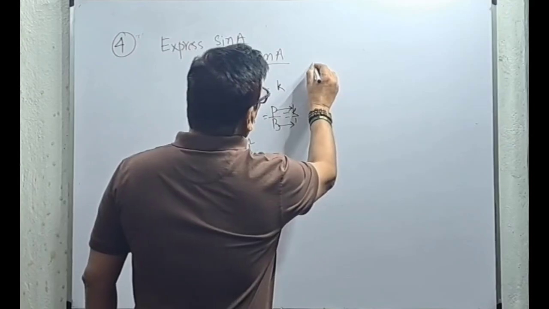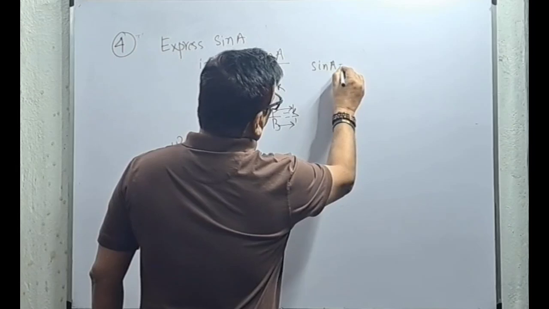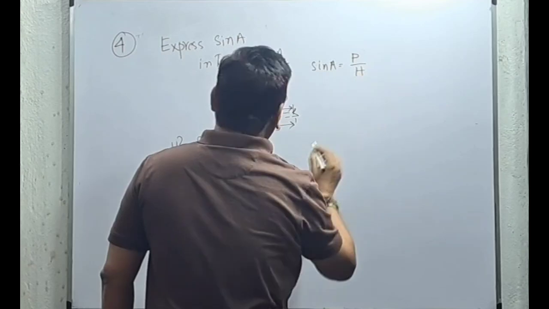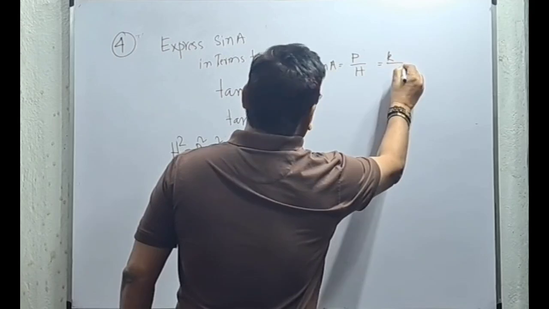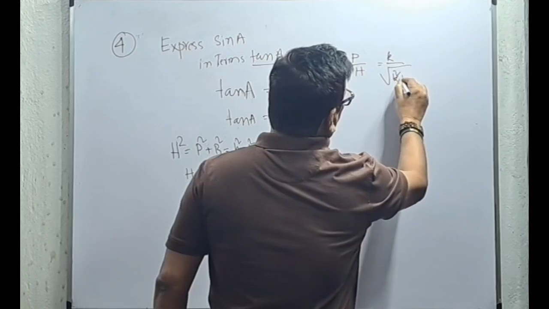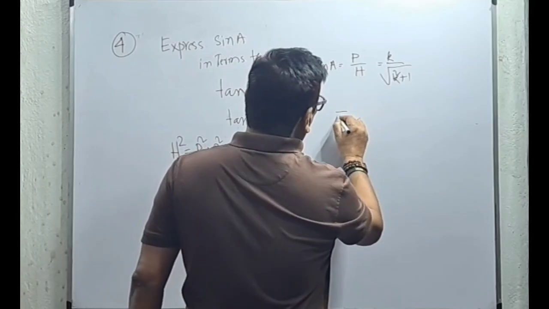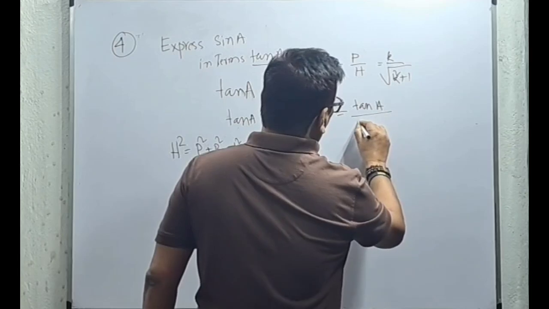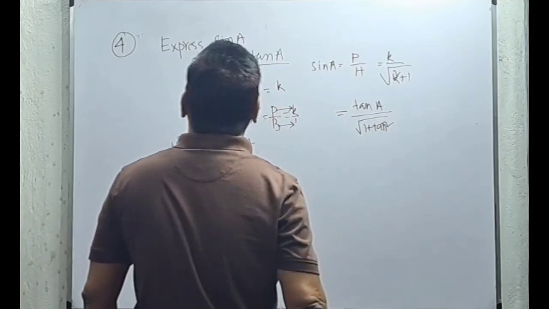Now see, you got the hypotenuse. Now if you talk about sin A, it is perpendicular by hypotenuse, right? So perpendicular is K. So K by hypotenuse, which is root over K square plus 1, right? What is K? That is tan A. So we can write tan A by root over 1 plus tan square A, right?